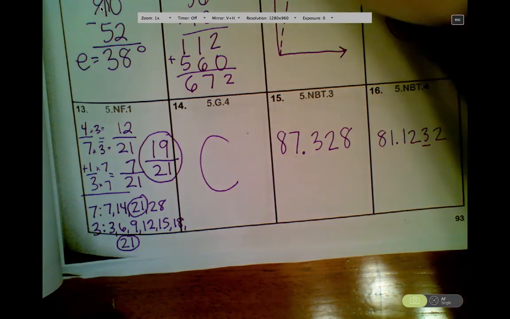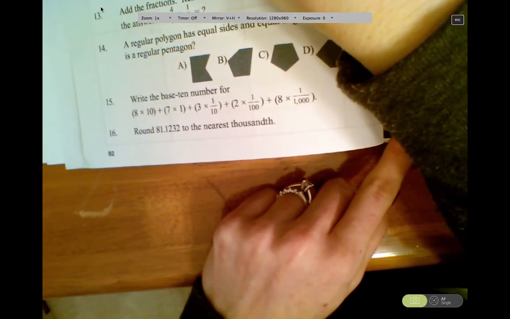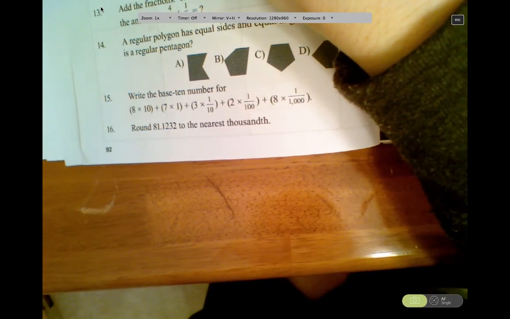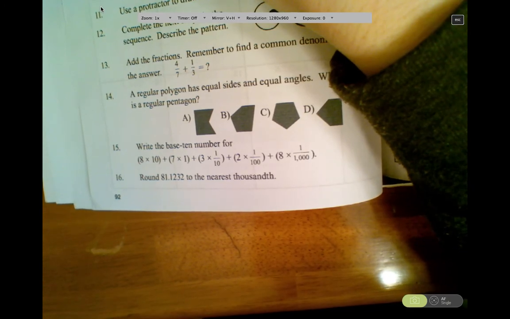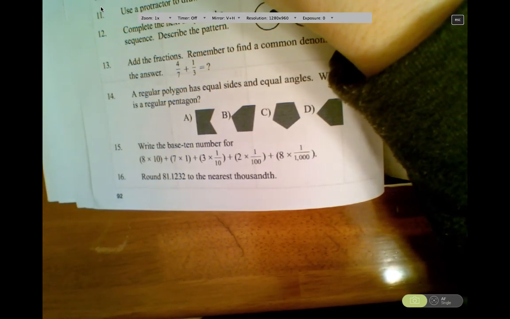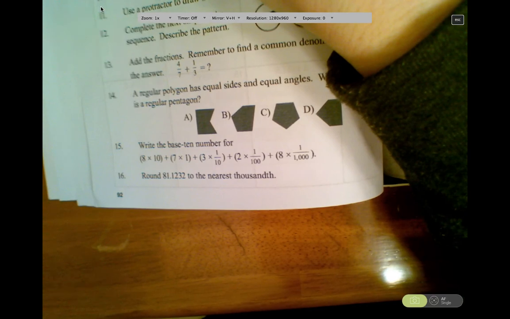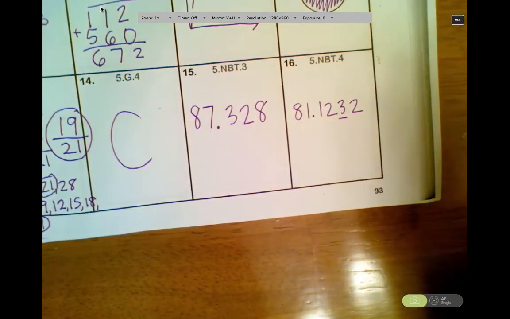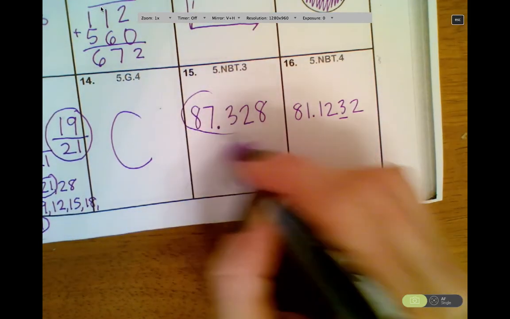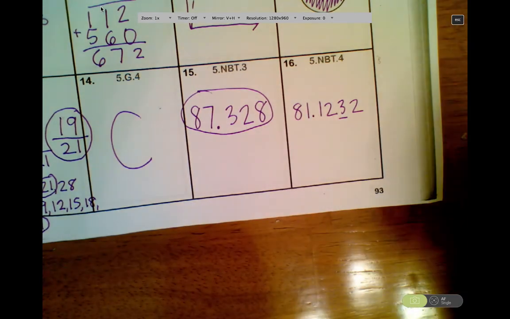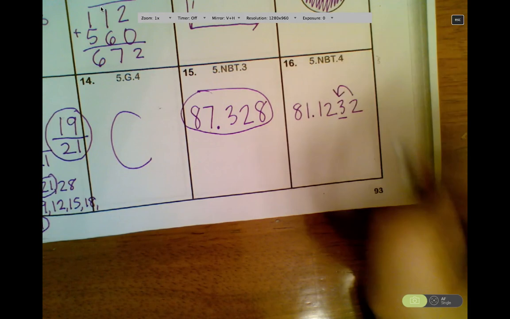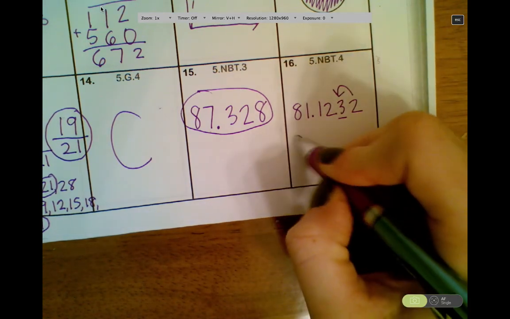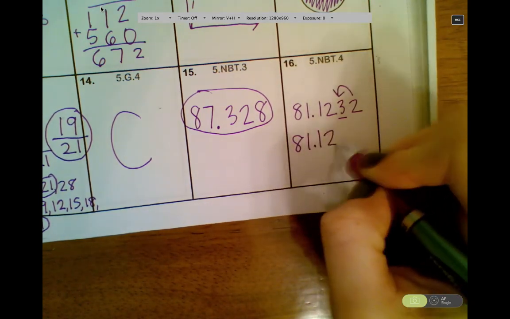Number 15, you had to write the base number for 8 times 10 plus 7 times 1 plus 3 times 1/10 plus 2 times 100th plus 8 times 1 1,000th, and it looks like this. And number 16, round to the nearest thousandth. I know the 2 tells the 3 to stay the same, so everything before it also stays the same.